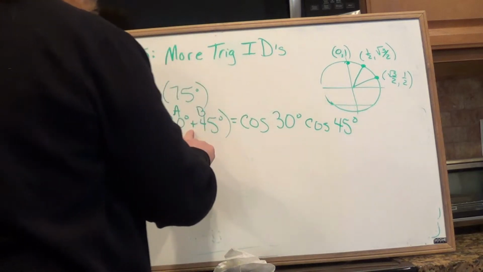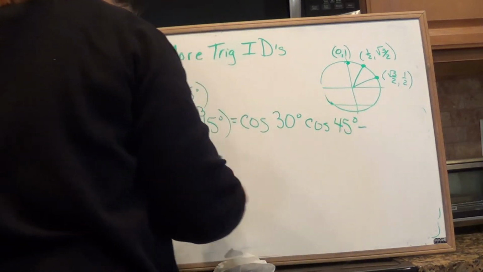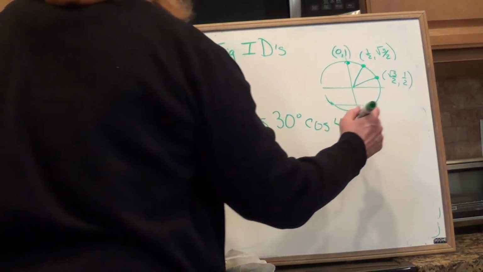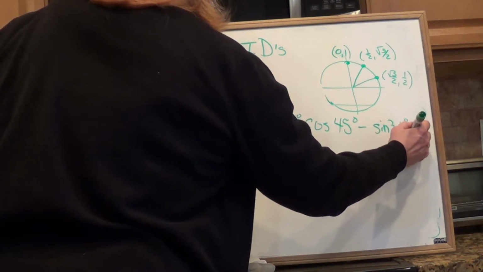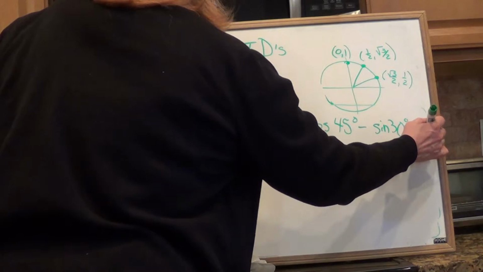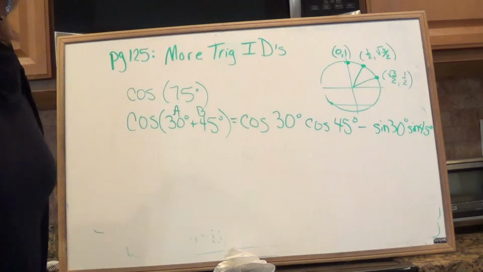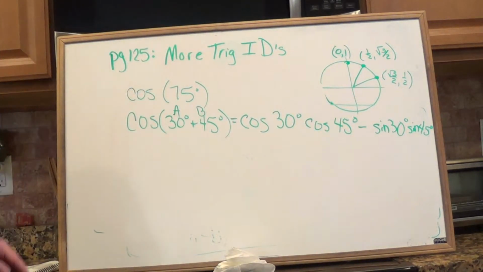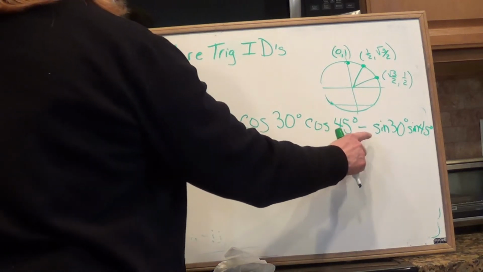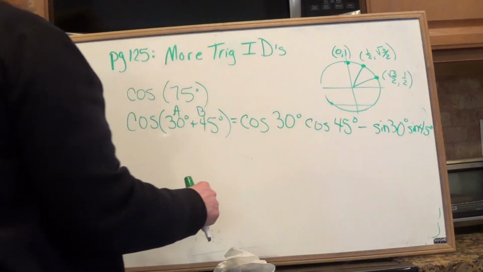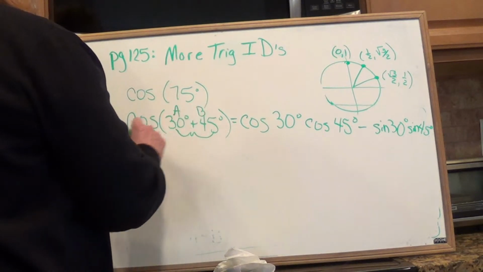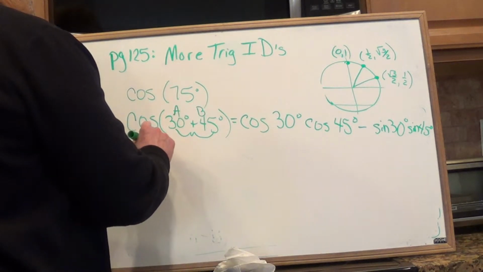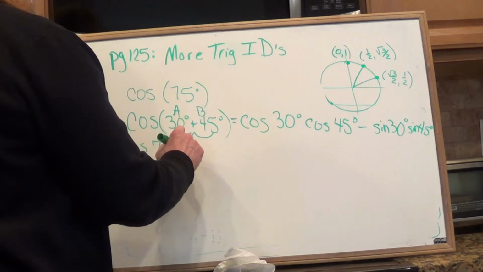Then recall cosine works with the opposite sign, minus sine 30, sine 45. Alright, so you have that on your paper. This says cosine 30, cosine 45 minus sine 30 times sine 45. So this is my cosine of 75. That's what I'm looking for.